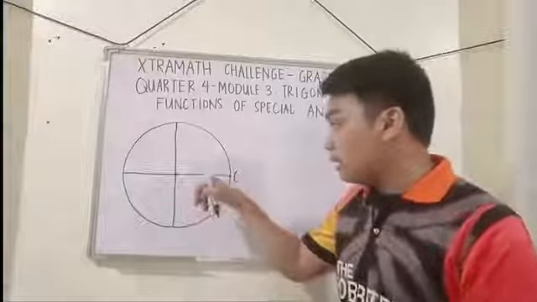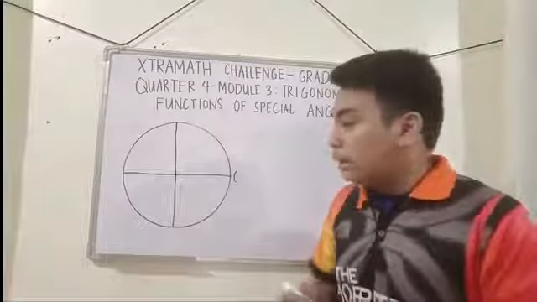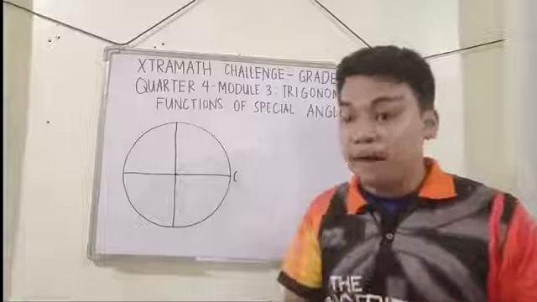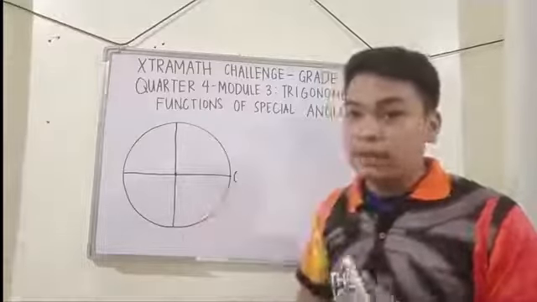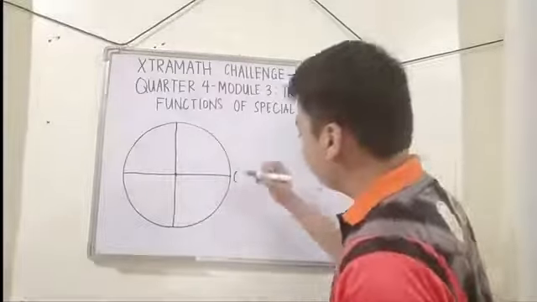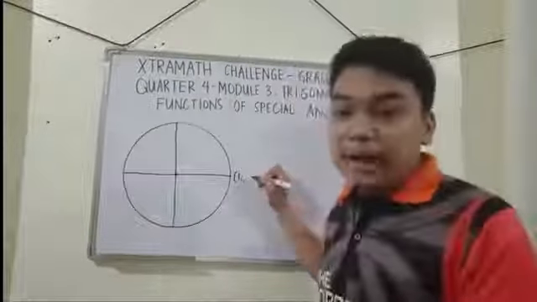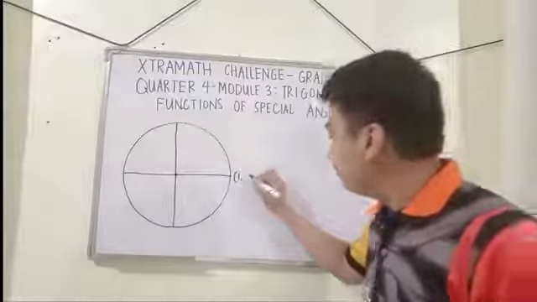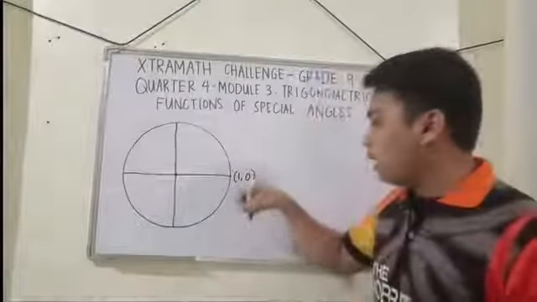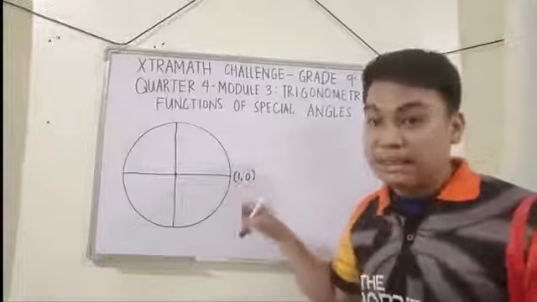Why is this equal to 1? Because the unit circle has a radius of 1, and this is the radius of the unit circle. So the x-coordinate is equal to 1, and the y-coordinate is equal to 0. So the coordinate of this point is (1, 0).